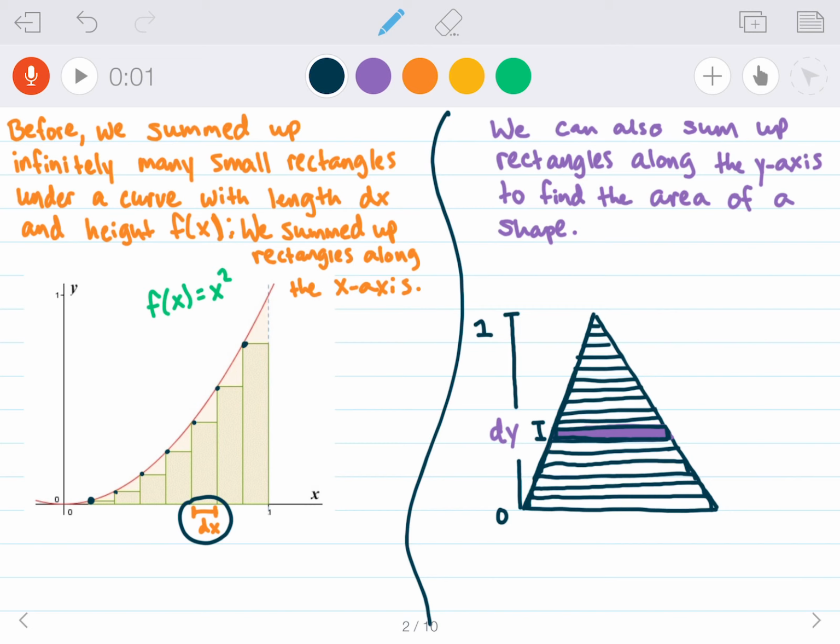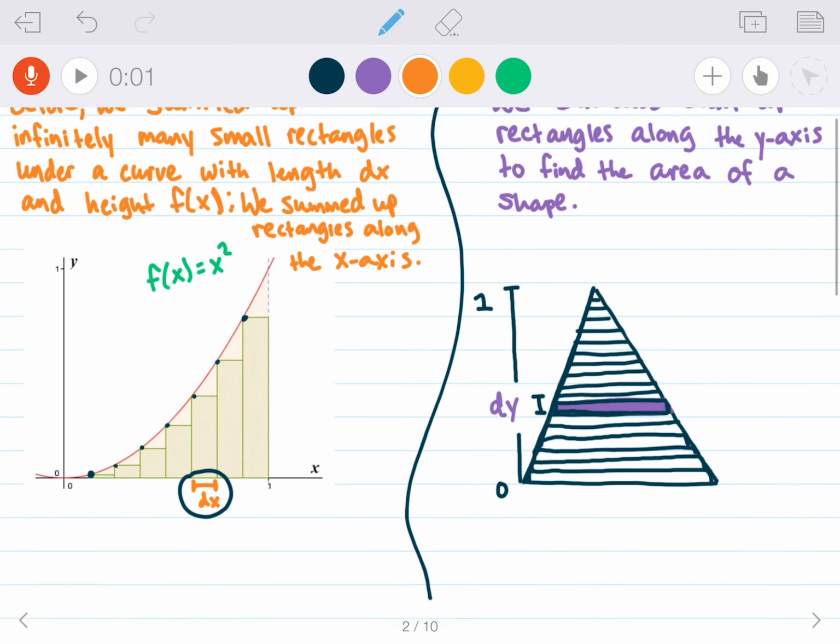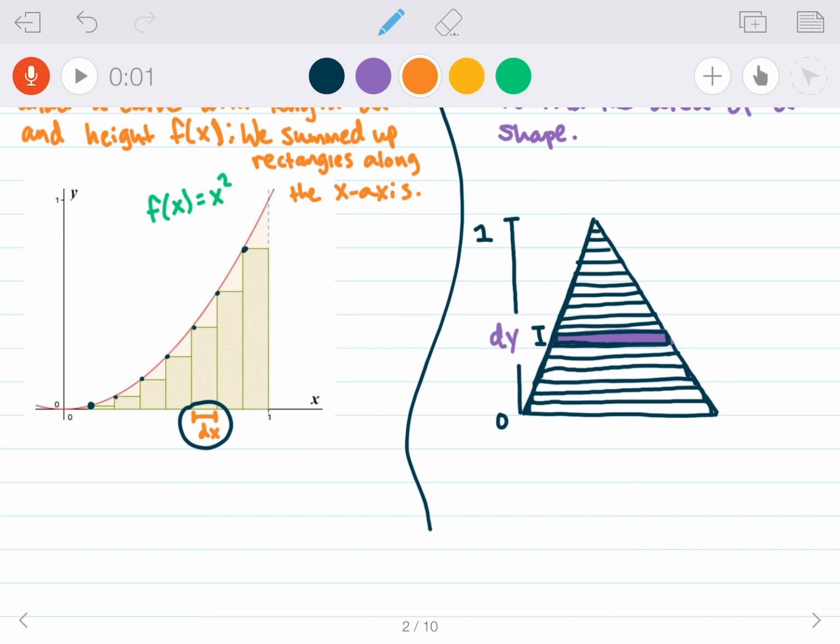So what we ended up getting when we took the limit of these rectangles as n goes to infinity is this interval. In this case, our starting point was 0 and our ending point is 1.